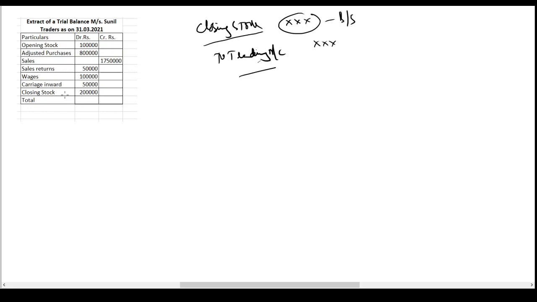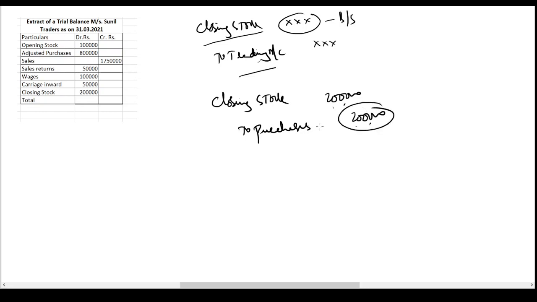But in this problem, closing stock is given inside the trial balance. Now the question arises, what is the entry we have already passed to bring it into the trial balance? The entry which we have already passed is closing stock account debit to purchases, 2 lakh rupees. Because of passing this entry, the purchase account has been credited and closing stock account is showing a debit balance.